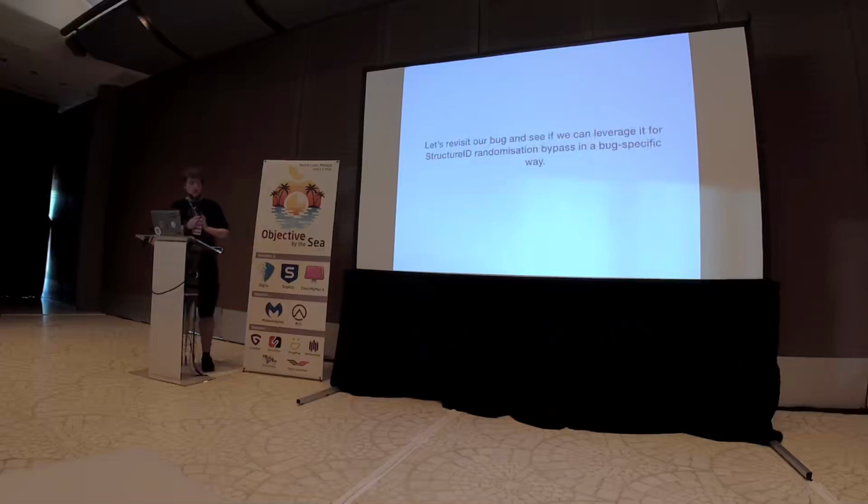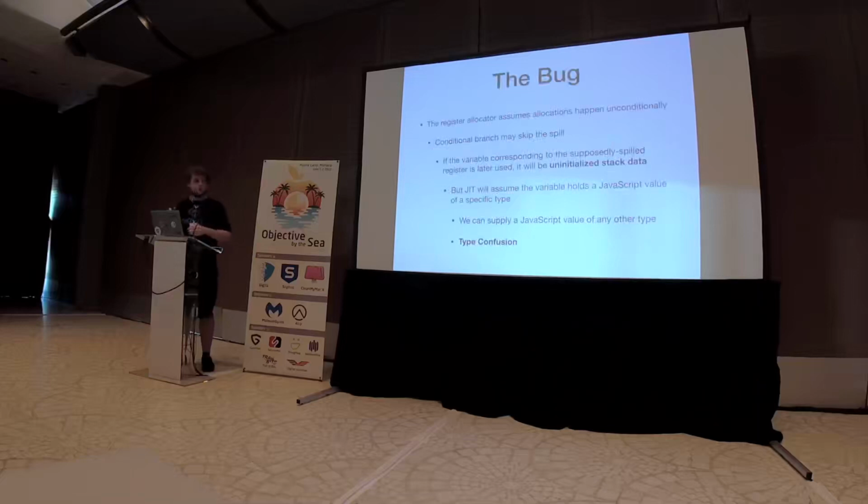But let's think about the bug we have at hand and see if we can leverage it for bypassing structure ID randomization with a bug-specific technique. And so let's go back real quick to what our bug was. We have an uninitialized stack variable access here, and the JIT can assume that the type contained in the stack slot is very specific, but we can specify any other value of any other type and cause arbitrary type confusion.